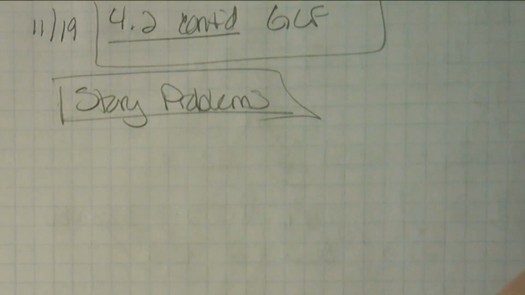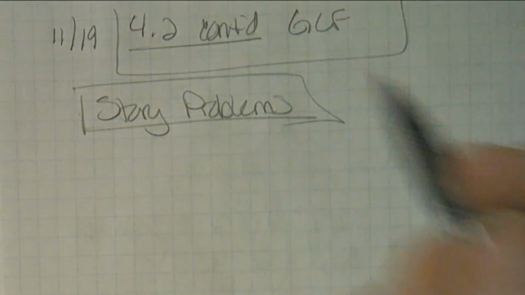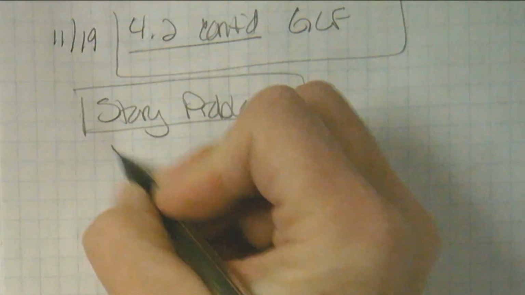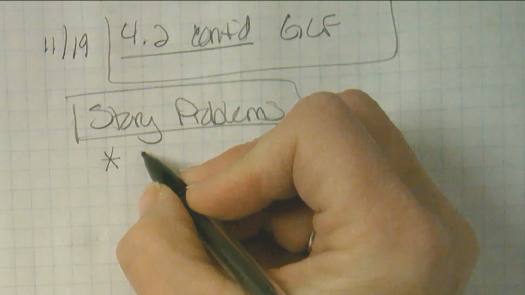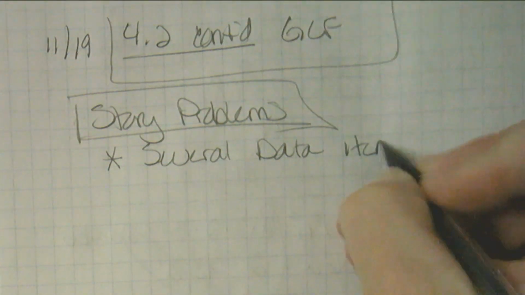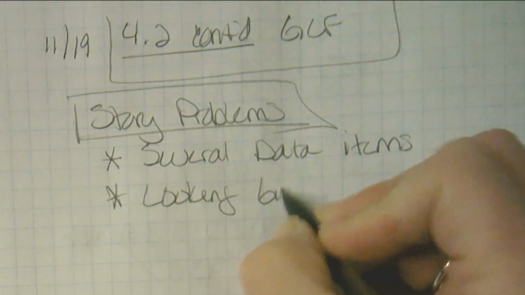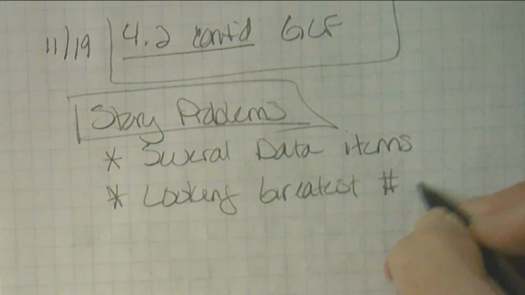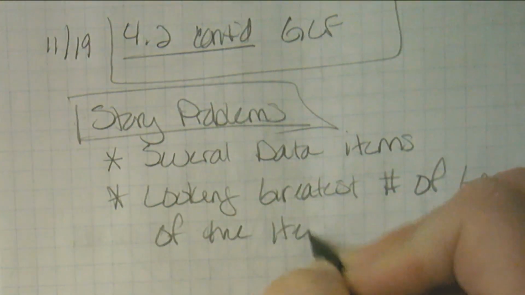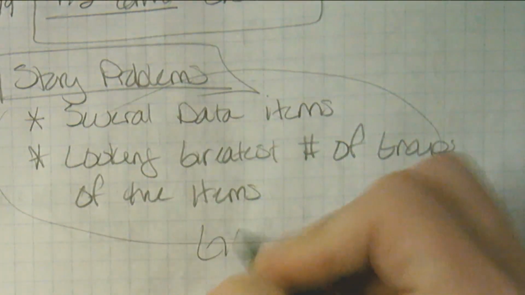So, as you guys noticed, I just want to make sure that I'm officially saying this, that it's something you guys already figured out. All right, so if you look at the wording, when we see that we have several data items, and we are looking for the greatest number of groups of the items, this is GCF.